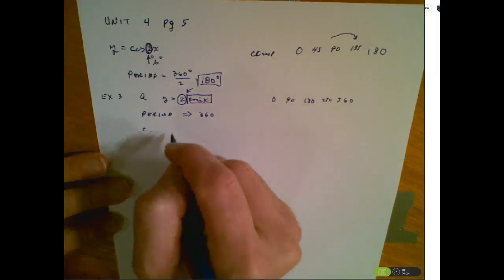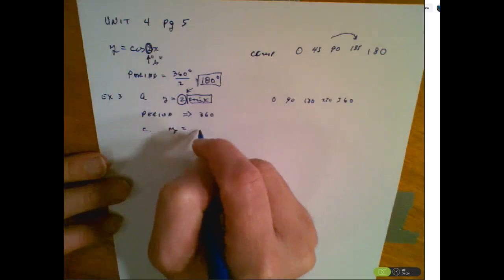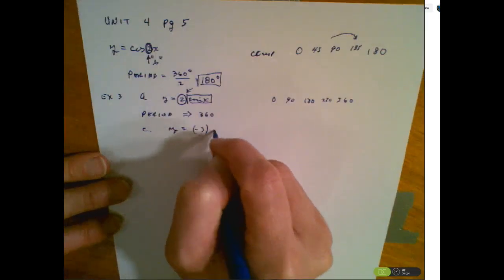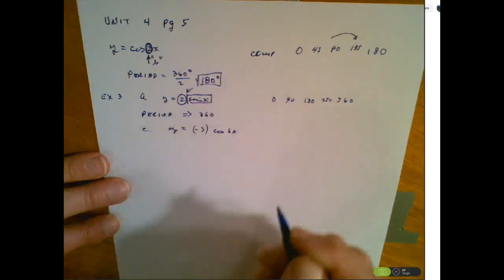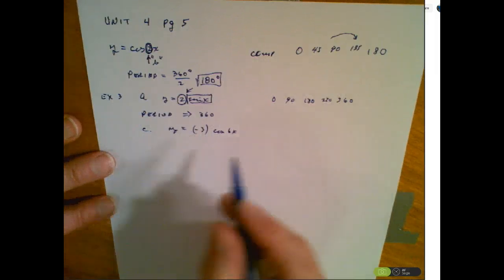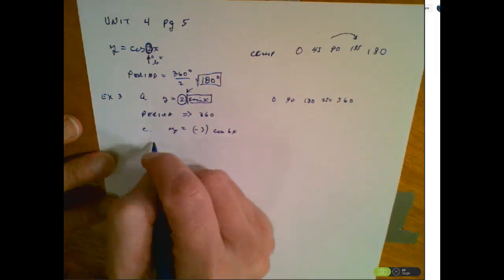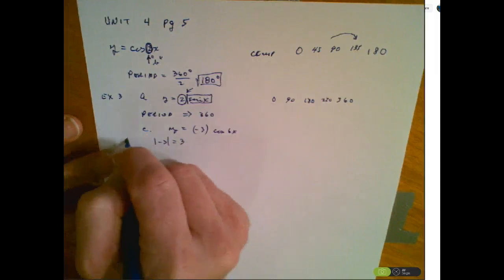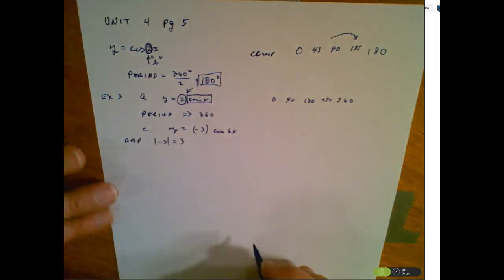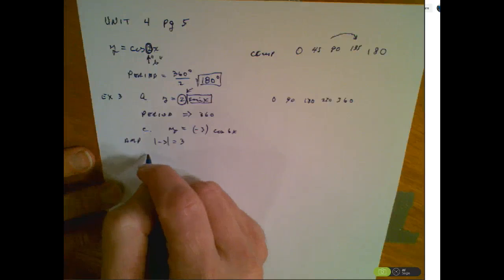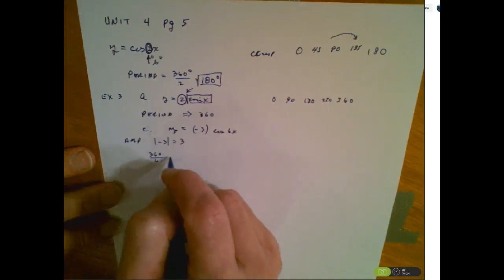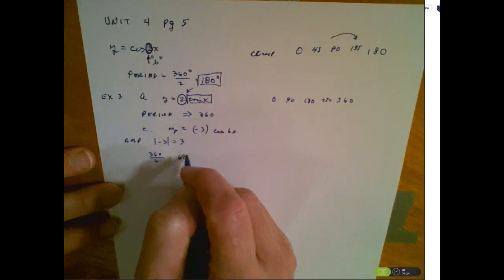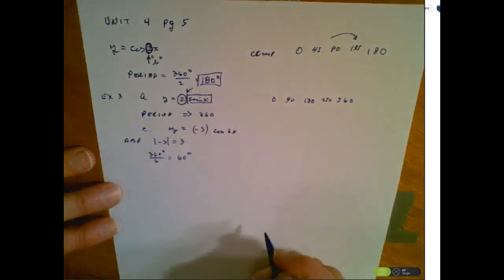For E, we're dealing with the equation y is equal to negative 3 cosine of 6x. Okay, so our procedures would be as follows. For the amplitude, take the absolute value of 3. So our amplitude is going to be 3. Now, to find the period, go ahead and just take 360 divided by 6, and that's going to be 60 degrees is our period.